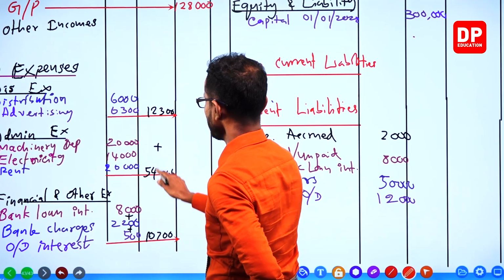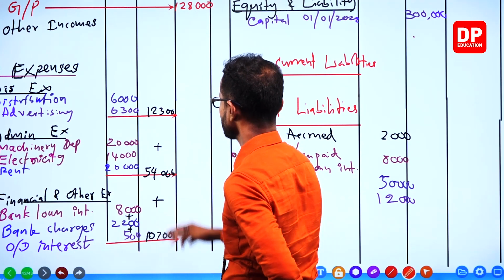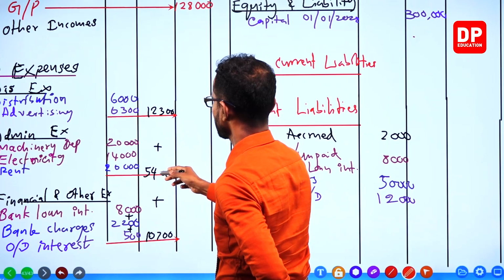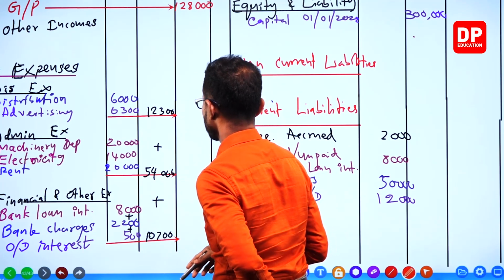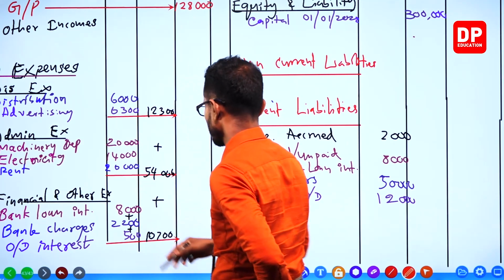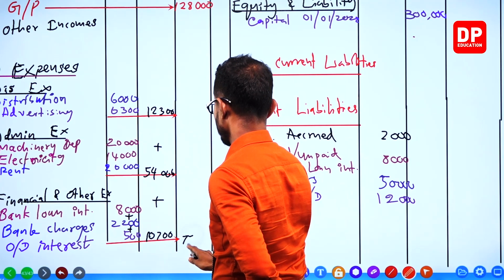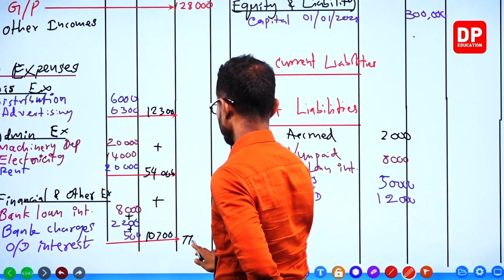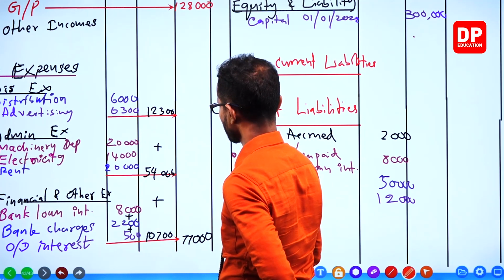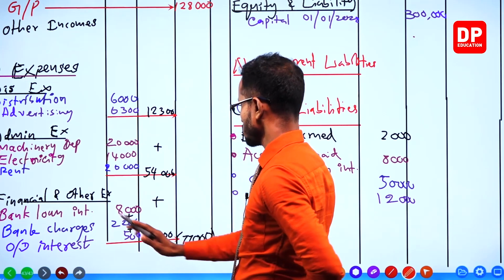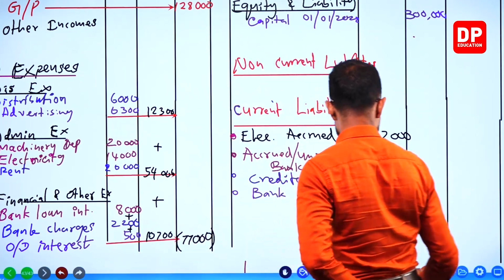Total of these three becomes 77,000. That, my dear children, is your total expenses.